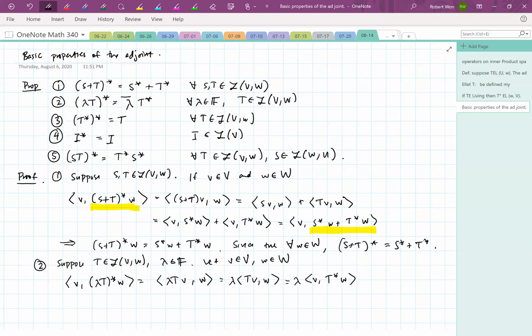You need to take the complex conjugate. So this is v comma lambda bar T star w. And again, same reasoning. Taking the inner product with this vector is the same thing as taking the inner product with this vector, so those two vectors are the same. That's true for every v and w, which means that the adjoint of lambda T is the same thing as the adjoint of T times the scalar lambda bar.